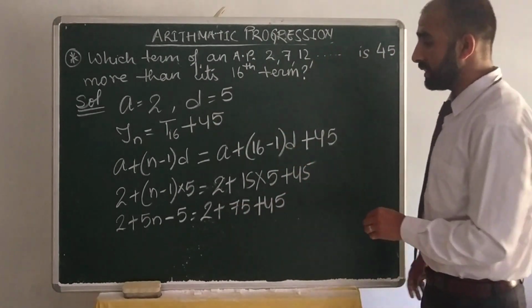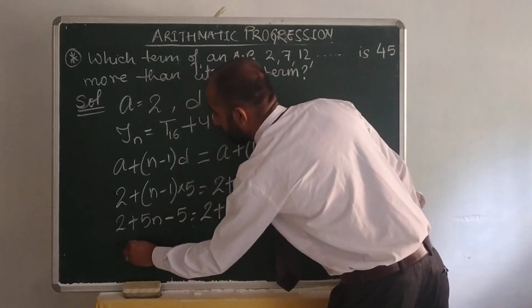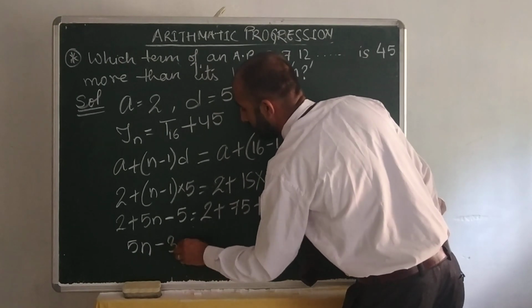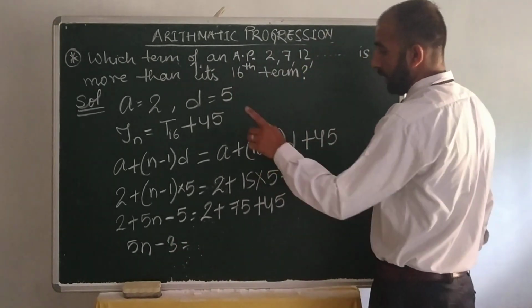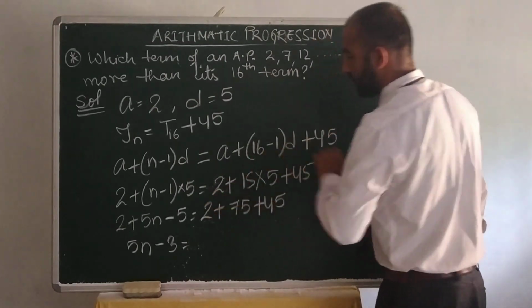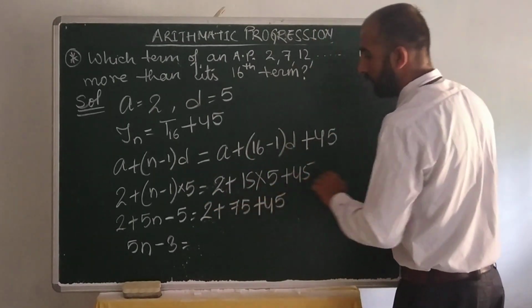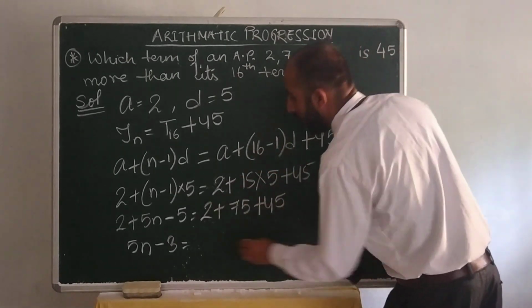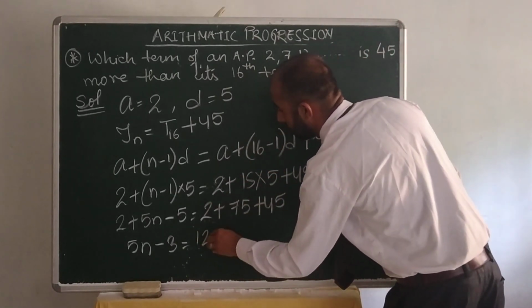Okay, let us calculate. 5n is there. 2 minus 5 will give you minus 3, equals 75 plus 45 plus 2. Let's see, 7 plus 4, 11, 12, that is 122.